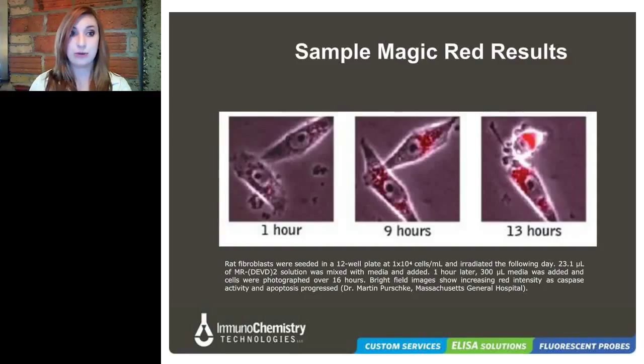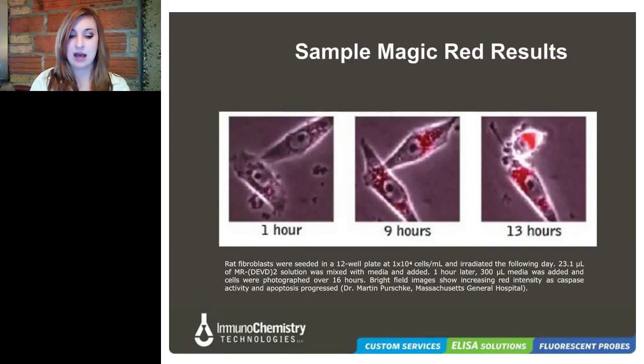Now we'll go through a few examples of Magic Red results. On this slide, we can see an example of what a Magic Red time lapse might look like. Here, rat fibroblasts were used with the Magic Red caspase 3 and 7 kit.